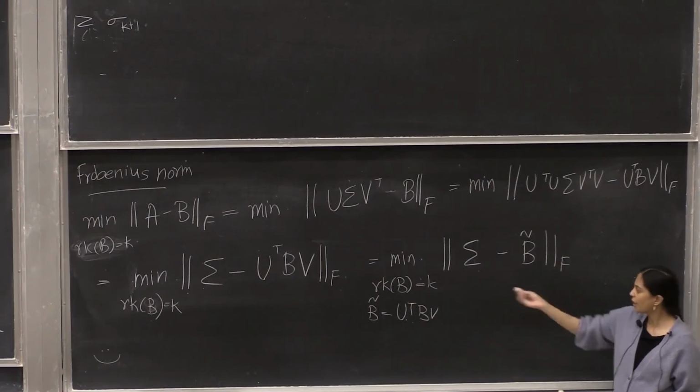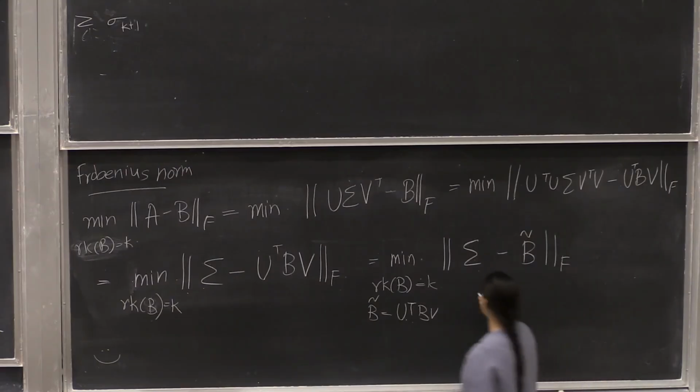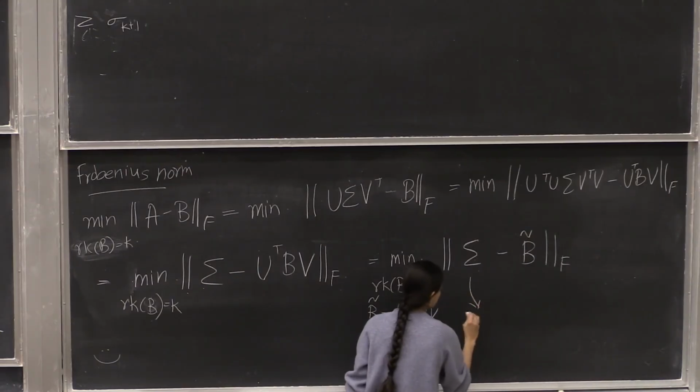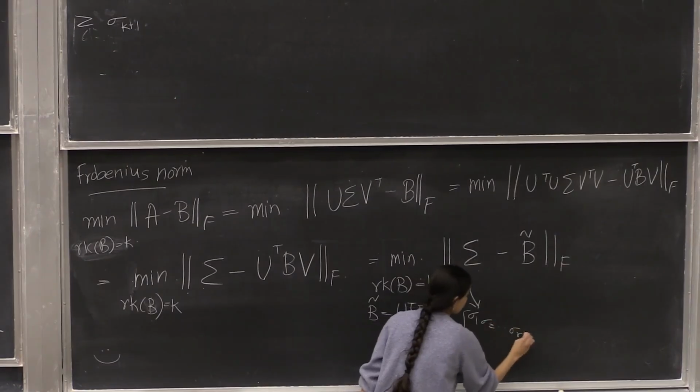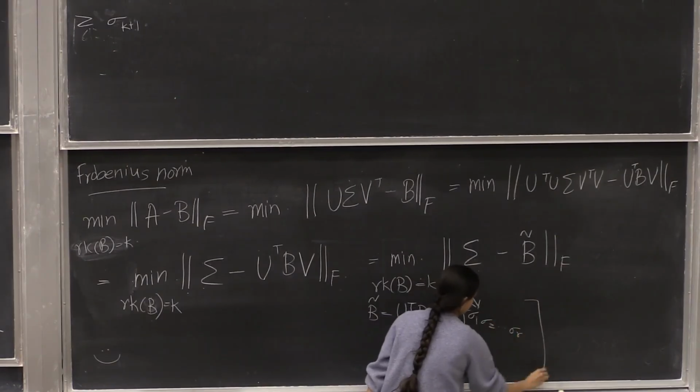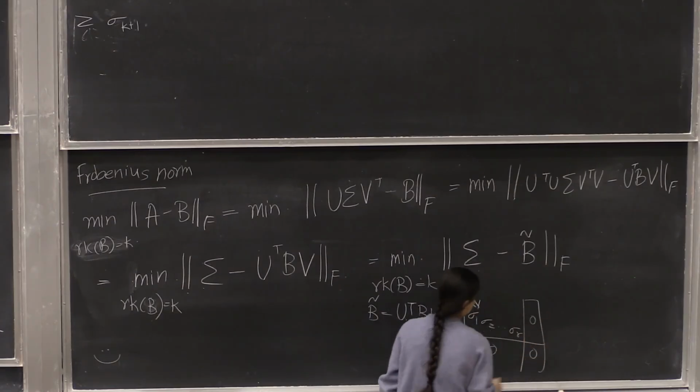So if you wanted to minimize this, what B twiddle would you consider? Remember, sigma looks like sigma 1, sigma 2, sigma r, and then zeros here, and zeros here, and zeros here, right?